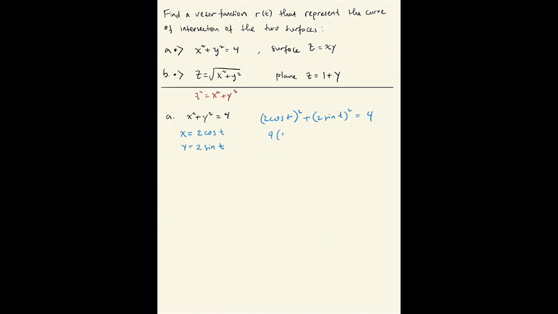And then you can have 1, 4, right? So you can have x is 2 cosine t, y is 2 sine t, and then the surface z equals xy. How are we going to do this? I need to set the t also.